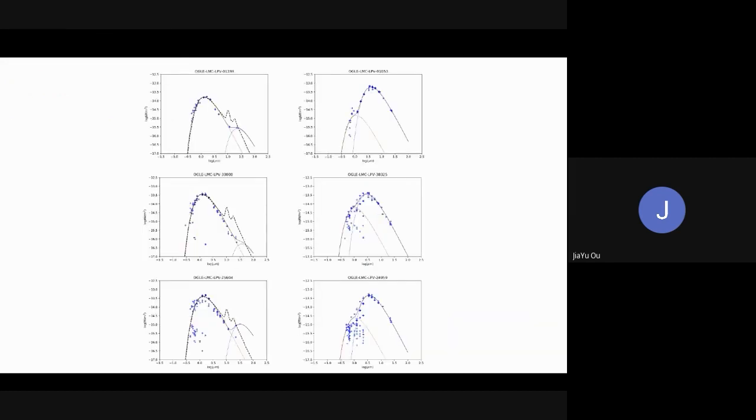The left-hand side is the SED fitting of the regular Mira, and the right-hand side is the non-regular Mira SED fitting. We can see directly from the SED fitting that these two groups are very different. The non-regular Mira has a stronger dust component, but in the regular Mira, the dust component is not so much.